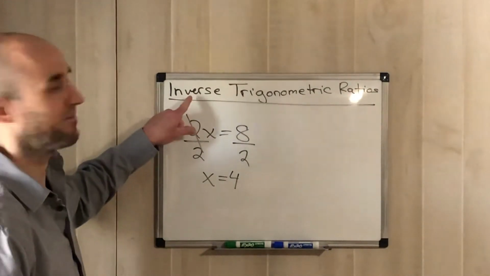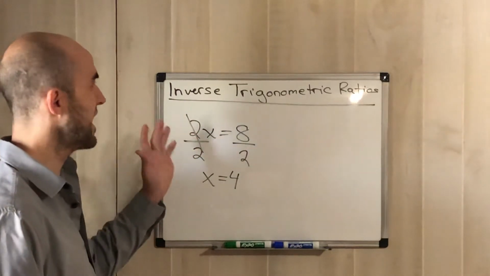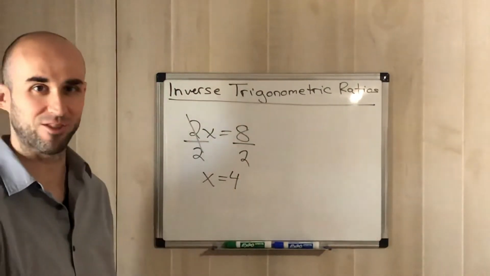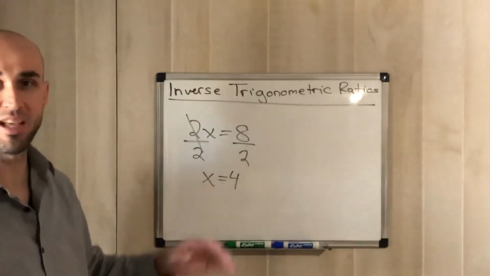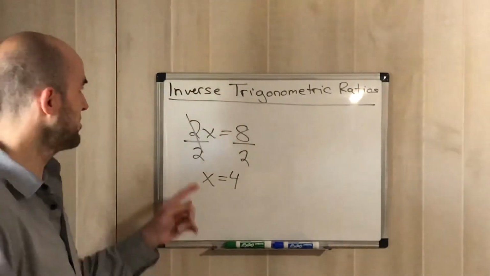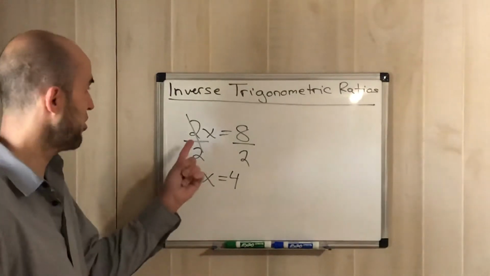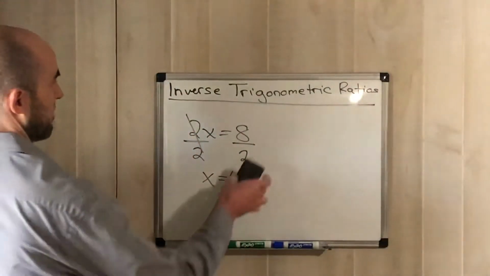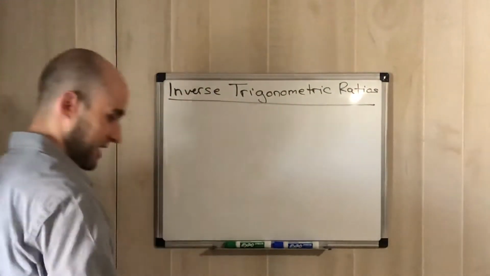Inverse means opposite. So when we're talking about doing inverse trigonometric ratios, we're talking about doing the opposite trigonometric ratio. Think of what we're going to do today to solve for measures of angles as solving an equation. Whenever you want to get the variable by itself, you have to do the opposite. You have to do the inverse, right? That's where inverse comes from. We're going to be doing the opposite, right?